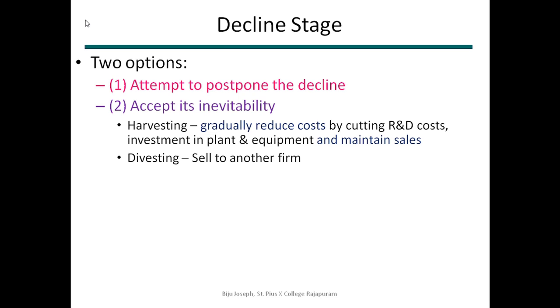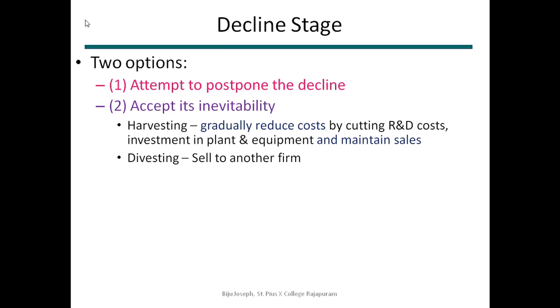And costs can be reduced gradually by cutting your research and development expenses, investment in plant and equipment, etc. So somehow you try to reduce your costs gradually, and you harvest maximum possible sales, or at least maintain your sales.